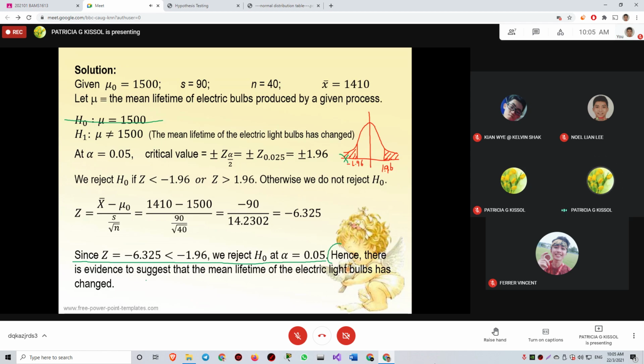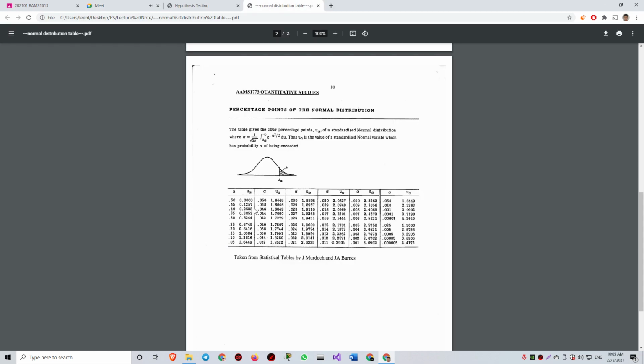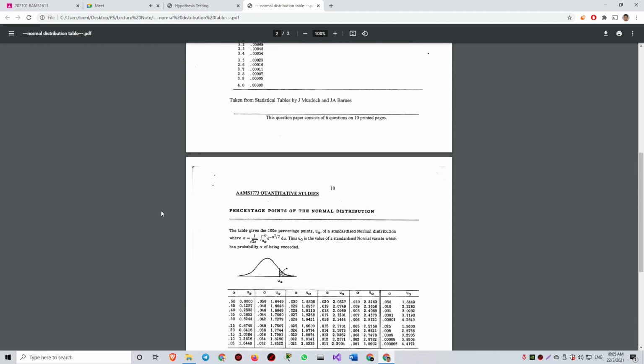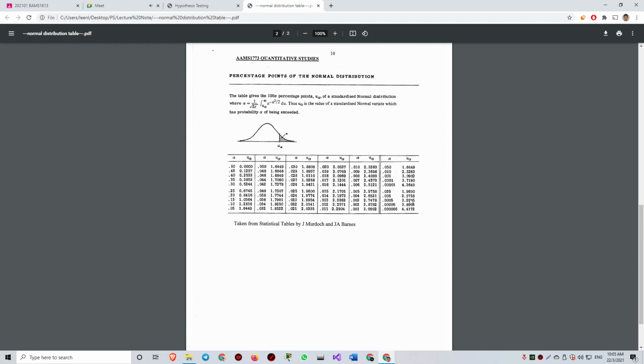This is your conclusion. Hence, there is evidence to suggest that the mean lifetime of the electrical light bulbs has changed. Now, the words for the conclusion are up to you, as long as you write a similar meaning. When you reject the null hypothesis, then you support the alternative.